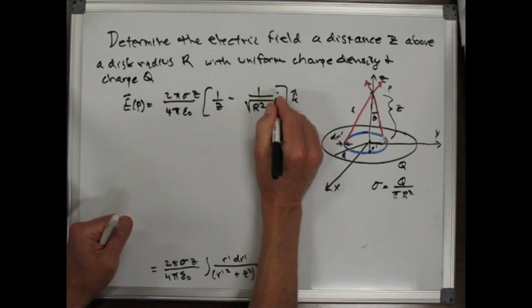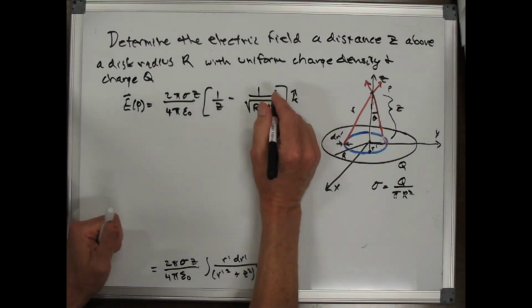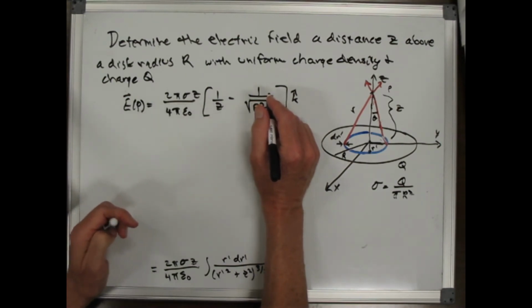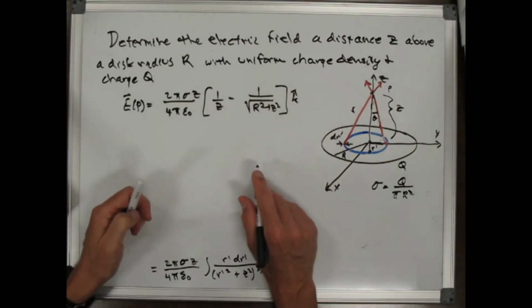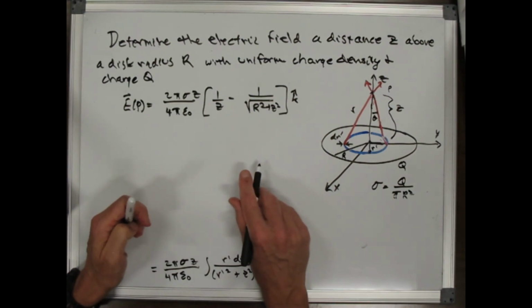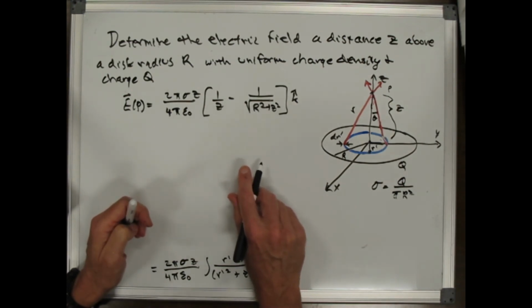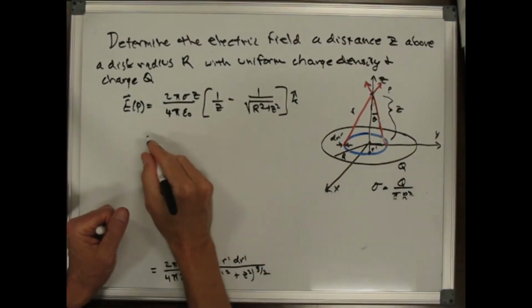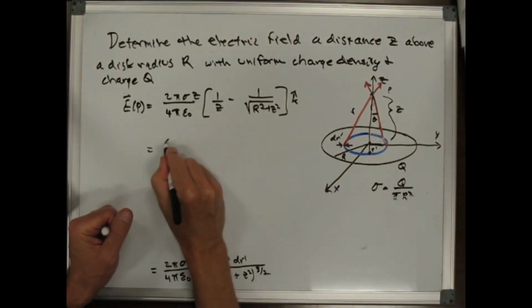And so I can say this is equal to sigma over 2 epsilon naught.